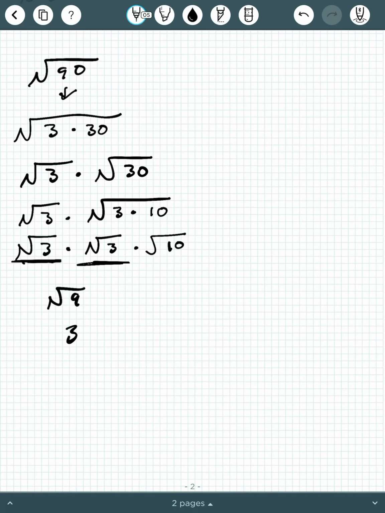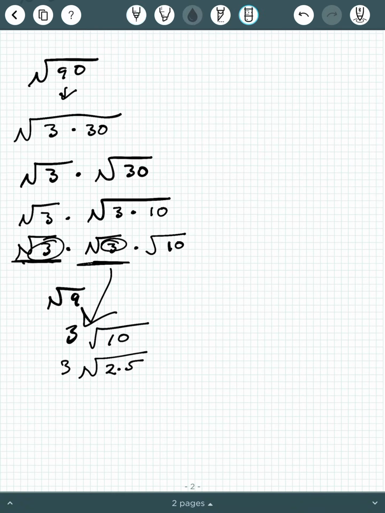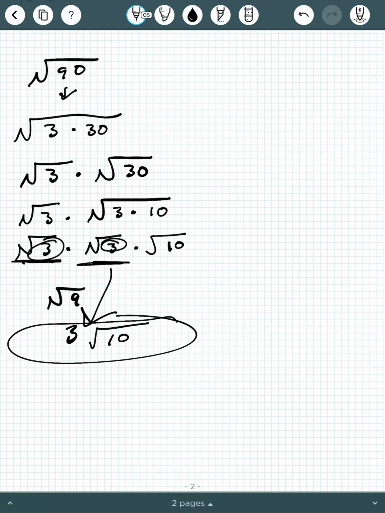Or I could also recognize, since 3 is here in both and gives me a pair, that's automatically going to be my square root. The 10, just like before, might as well just hang around how it is, because the only other way to write it would be the square root of 2 times 5, which doesn't help us any. So leaving it as the square root of 10 is a fine way to go about it here. We could even look at this other ways.